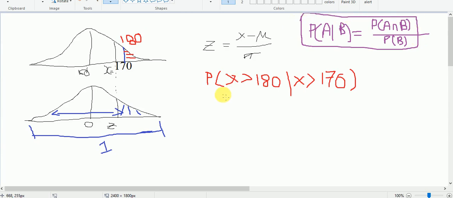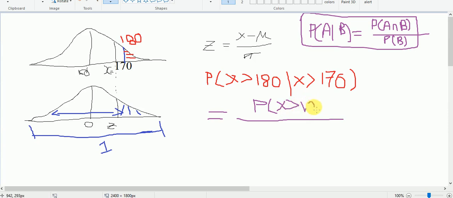So here we need to find out, see, any value which is greater than 180 should also be greater than 170. So P(A intersection B) will turn out to be probability of x greater than 180.